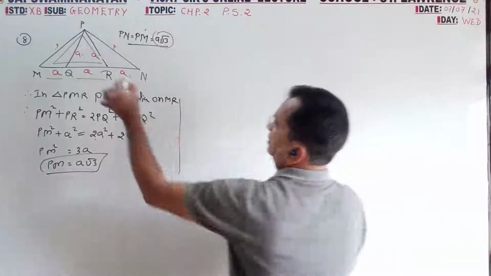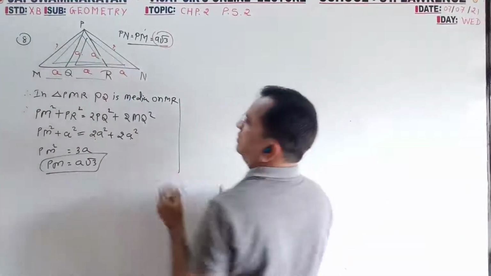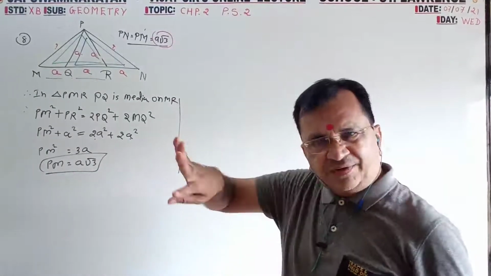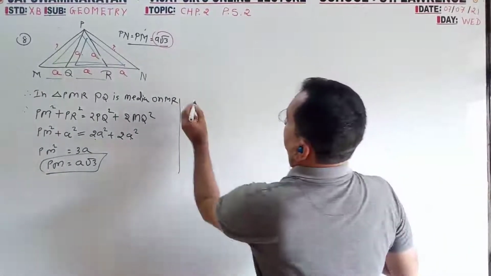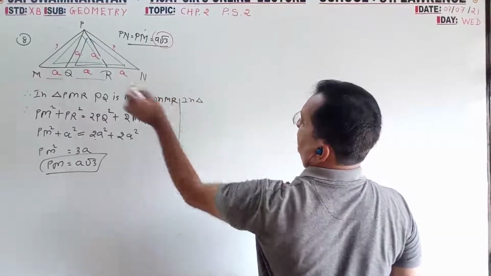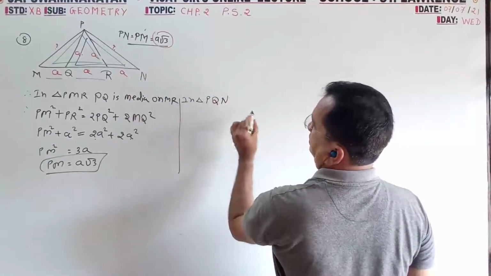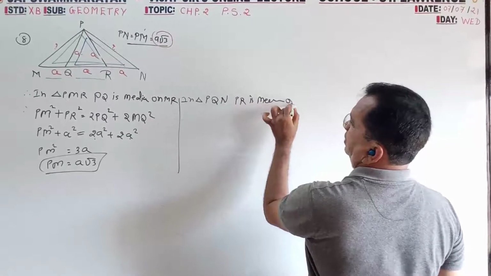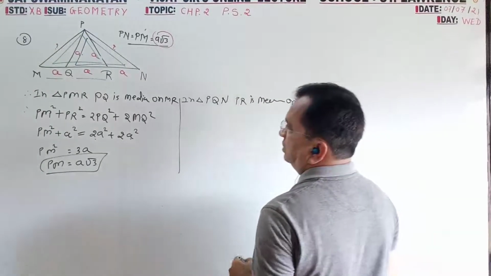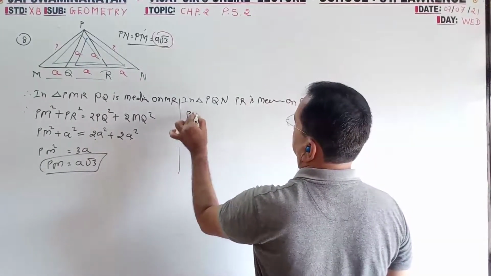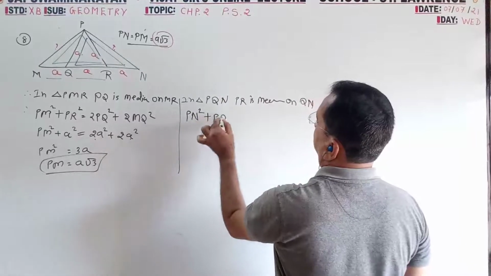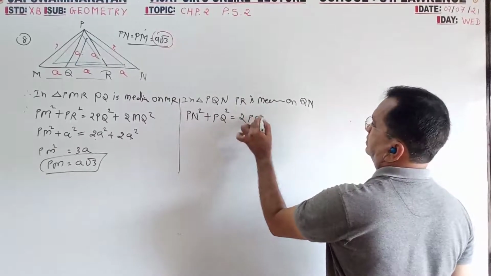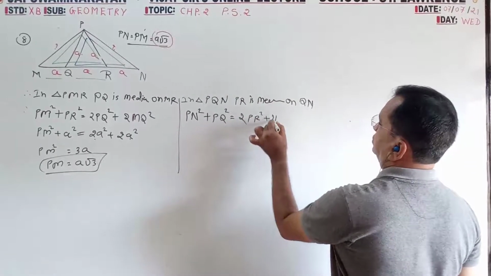Now this triangle, this triangle. 3 triangles are given, no? The left 2 triangles I have taken. Now the right 2 triangles I am taking. In triangle PQN, PR is the median on QN. Again PN square plus PQ square is 2 PR square plus 2 RN square.